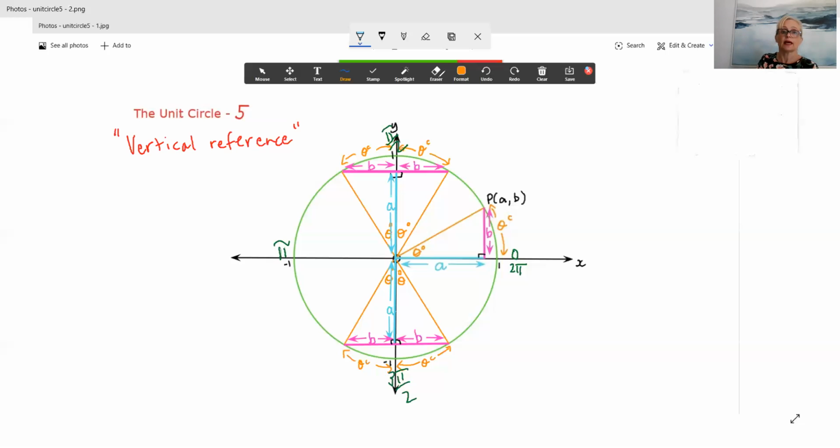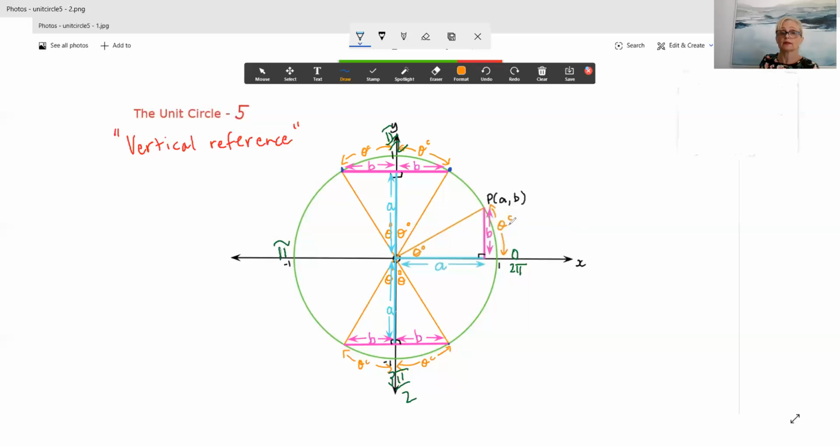So this position on your circle is pi on 2 minus theta. This here would be pi on 2 plus theta. This would be all the way around to 3 pi on 2 minus theta. And this point here would be 3 pi on 2 plus theta.